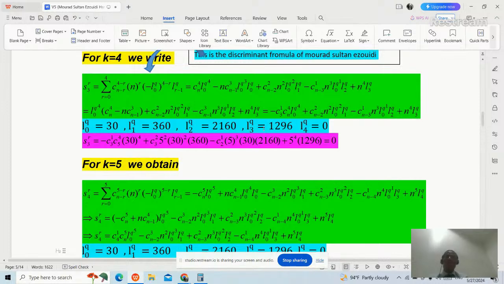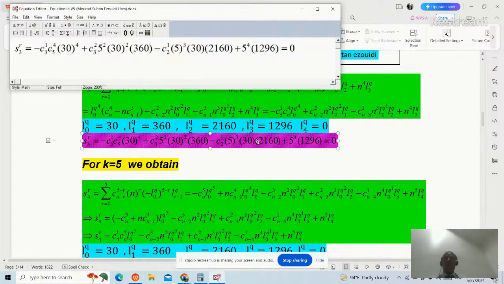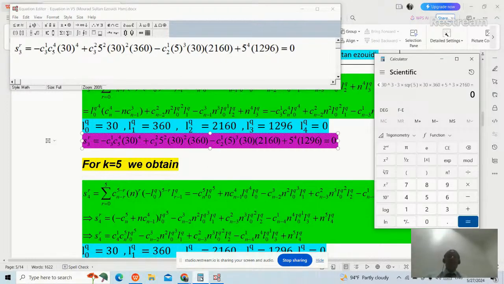Now, learners, I'm going to practice this and see the value of my S3. When you extend your polynomial to the power 5, you work with the 4, and you get S0 equals 0, and the rest values different from 0.